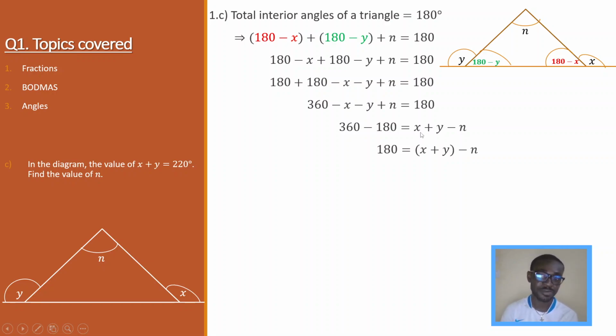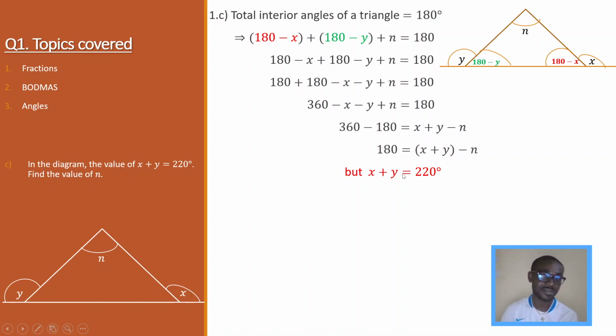Then we have x plus y here minus n. But we have learnt, it was stated in the question that x plus y equals 220 degrees. So straight away, we can just substitute 220 degrees inside of our equation.